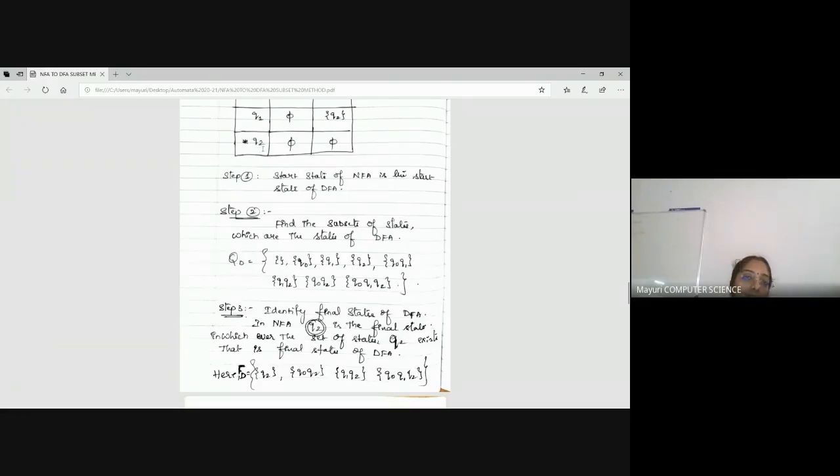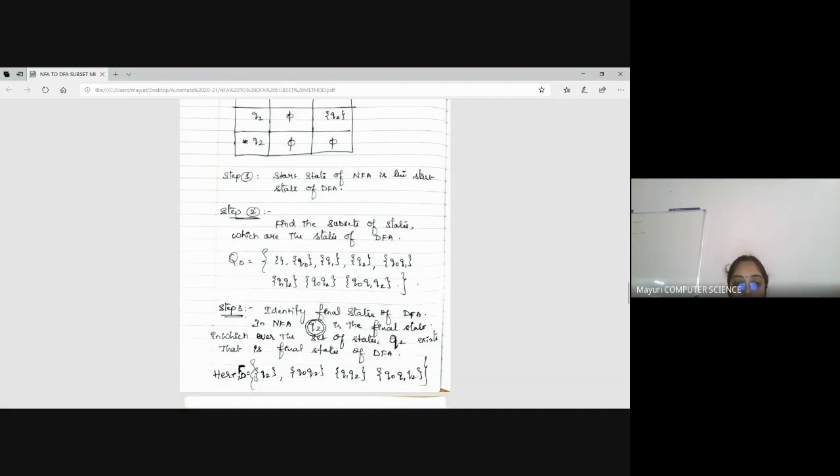If Q2 is the final state in the NFA, in whichever set of states Q2 appears, all those are the final states of the DFA. Where all is Q2 there? Here Q2 is there. This is also a final state. Q1, Q2, final state. Q0, Q2, final state. Q0, Q1, Q2, in this also a final state is there. So 4 states are the final states in the DFSM.